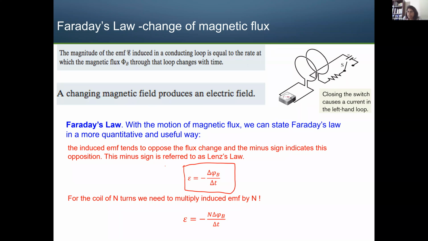I did not discuss the negative sign yet because the negative sign comes from another law that we call Lenz's law, right? But without the negative sign, this equation does not make any sense. We're going to come to that in a minute. If you have n coils, that means instead of a single coil you have n turns, then you need to multiply by this number of turns n to get the induced EMF. That will improve your EMF by adding more turns to the coil.